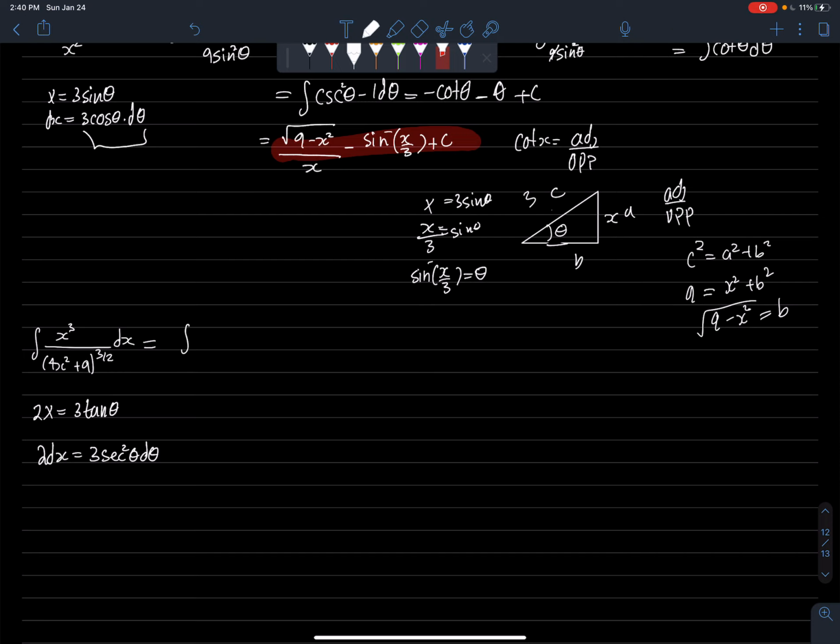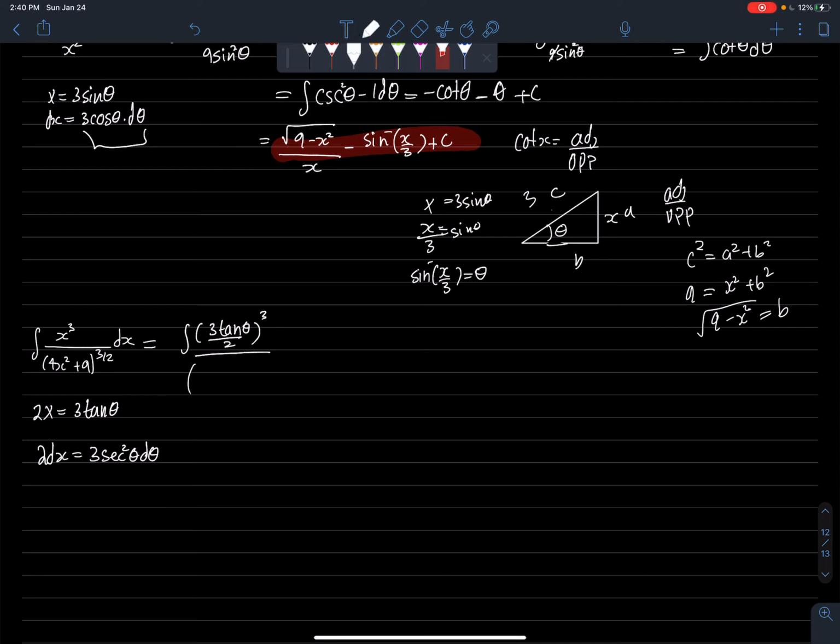Okay, so x is that, so it's going to be, sorry, not 2x, it's going to be (3 tan theta over 2) cubed over 2 times, well, we can just plug it in.